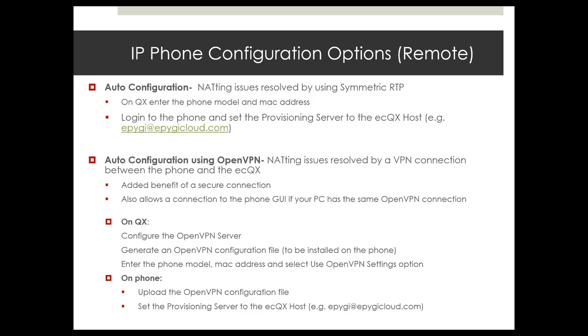There's also auto configuration, where you go in, select a specific IP line in the system along with the extension assigned to that IP line, specify the phone model and the vendor, and enter the MAC address on the IP line. Then you connect the phone, and it will be assigned to the IP line that you configured it for.